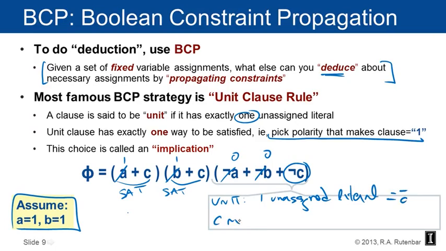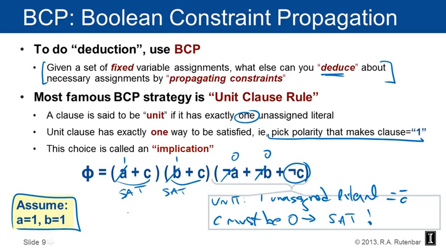So what do I know? I know that c must be 0. It has to be a 0 because the only way that I can satisfy this clause is if c is a 0, and then that clause becomes a 1. If I really want to satisfy this Boolean function, because of the decisions I have made for a and b, I have deduced that c by implication must be a 0.